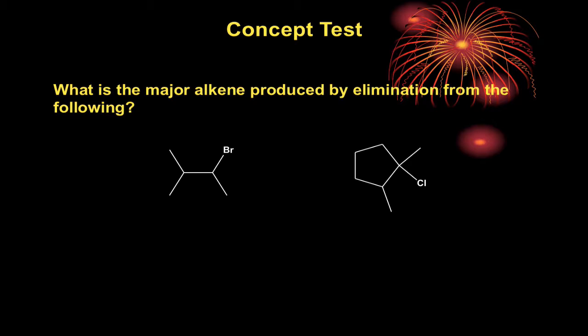And given that this is a pretty small group and this is a pretty small group, maybe 50-50. Okay? So Zaitsev's rule basically just tells us which hydrogen gets lost, but we can have situations where those numbers are identical but would lead to different alkenes. And Zaitsev's rule does a pretty bad job of predicting which one would be the major. We'd have to make an argument based on what we know.